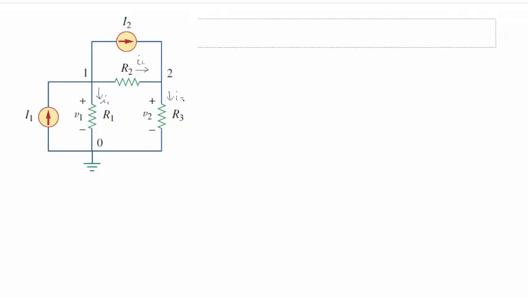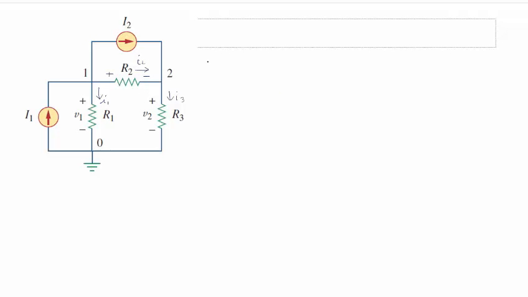I like calling I2 to go with R2 and I1 to go with R1, but I don't like having the capital I1 and capital I2, but that's what your textbook did, so we'll go with it. So then I established that I2 goes this direction, so I better put a plus sign there and a minus sign there when I write my node equations.